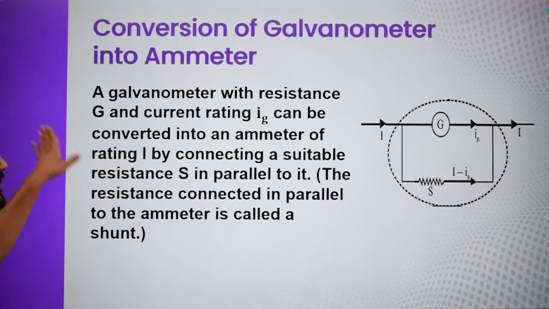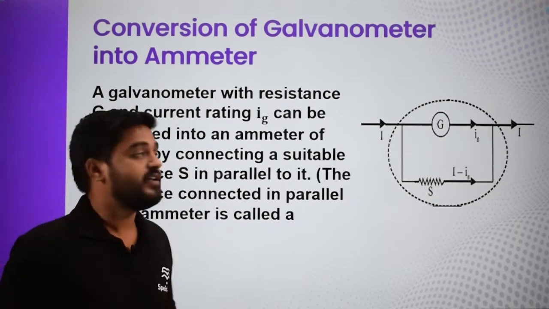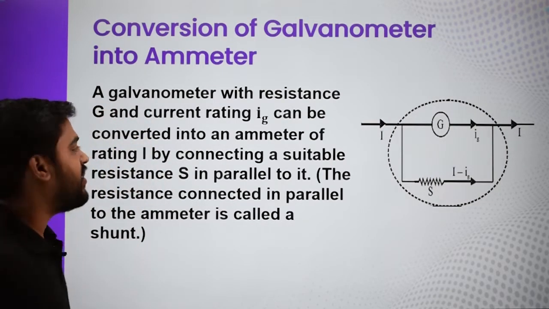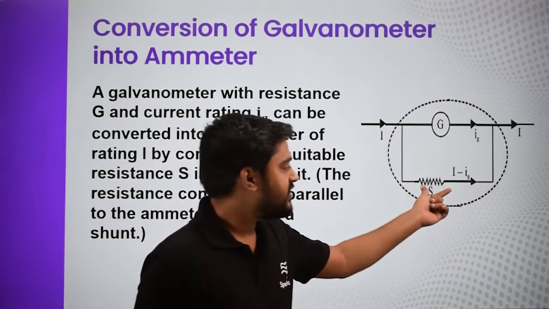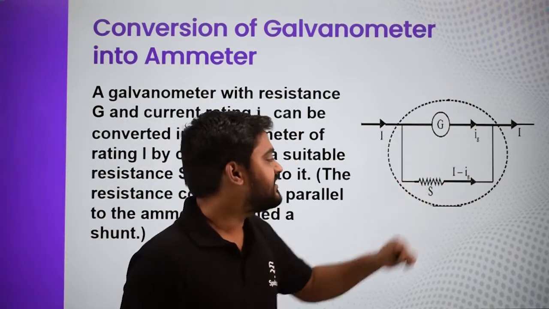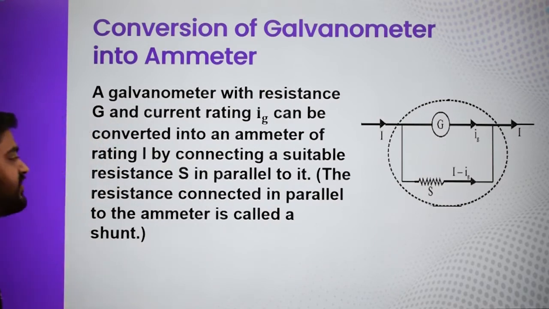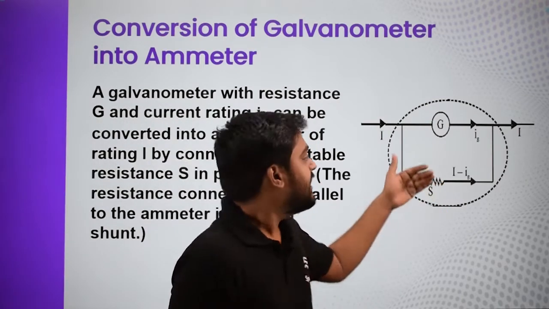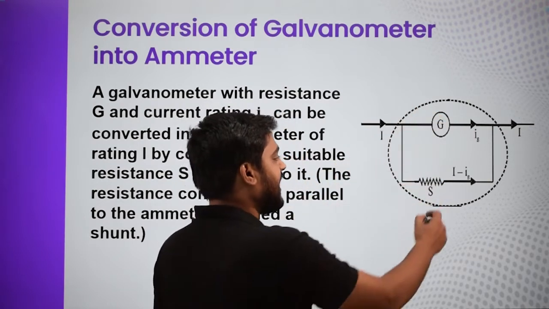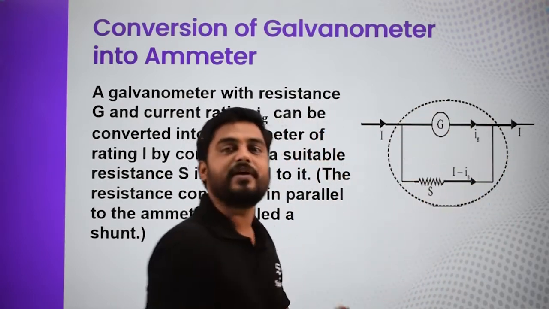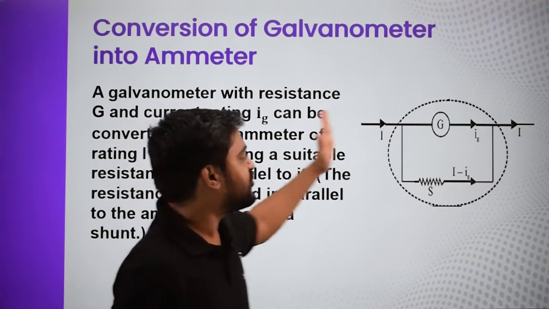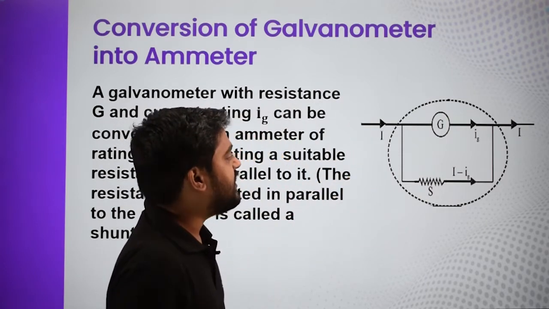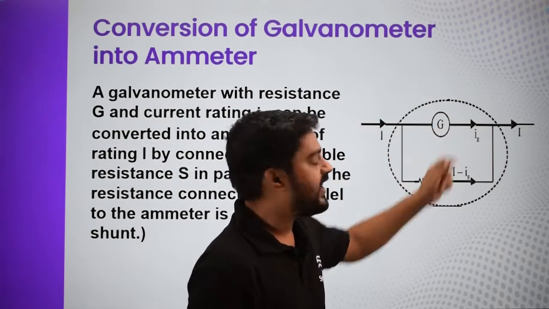Now, conversion of a galvanometer into an ammeter. We have already seen that we connect a resistance, and this is a resistance S, and this S is called the shunt. So we have to connect a shunt resistance in parallel to a galvanometer, and everything inside this is basically my ammeter. Now, this is the branch through which the capital I current is coming, and some of that current will go into the galvanometer.